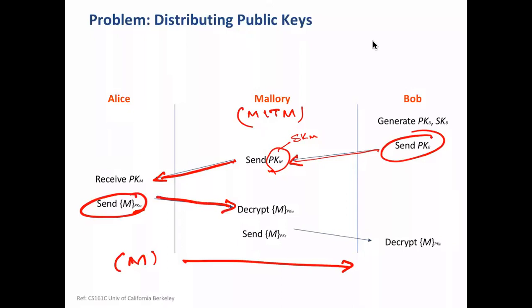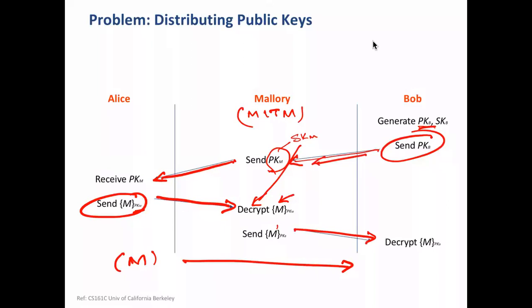In between, Mallory intercepts it. Now this key is actually that of Mallory, so Mallory will use her private key to decrypt it, and she will get message M. She will read it, and if she wants, she can change it to M dash, and then use Bob's public key, because she knows Bob's public key, she would have received it, and then encrypt it with Bob's public key and send it to Bob.